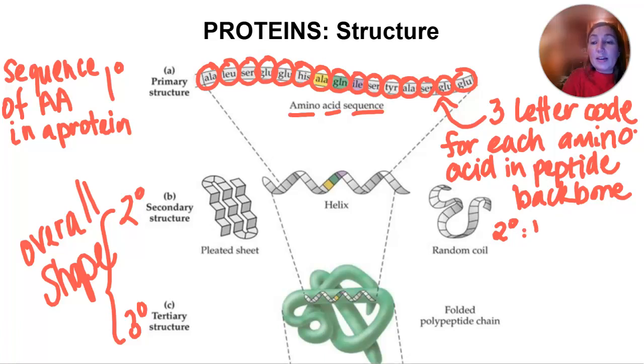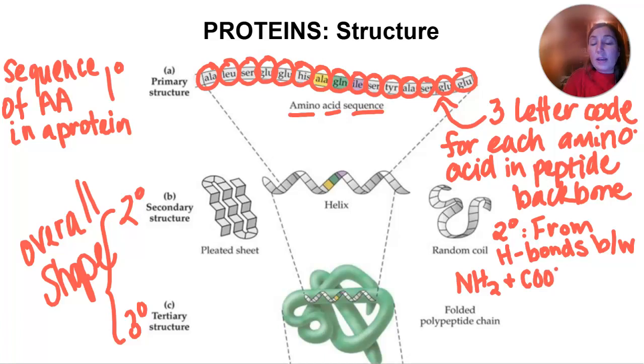Secondary structure is really from H bonds between NH2s and COOHs, so between amines and carboxylic acids in the main chain. So that's where secondary structure comes from.